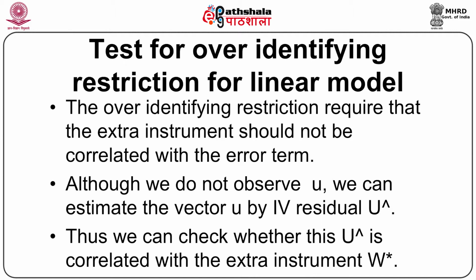Although we do not observe U, what we can observe is the estimated vector of U, the IV residual, call it U hat. Thus, we can check whether this U hat vector is correlated with the extra instruments W star.